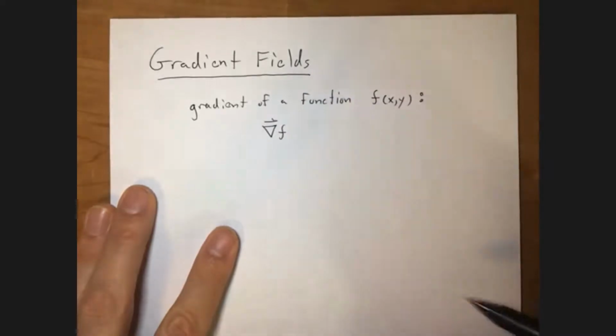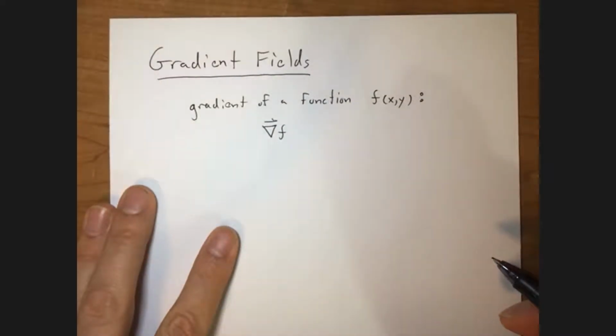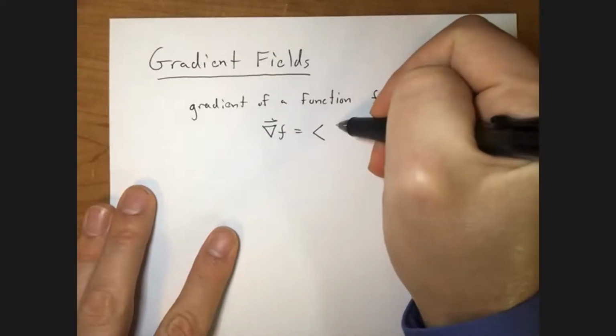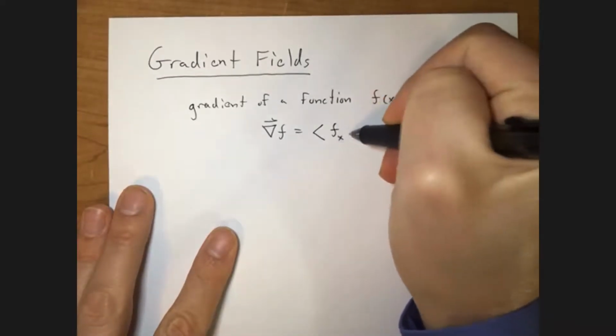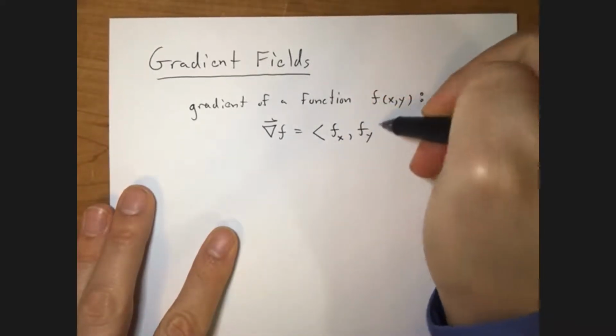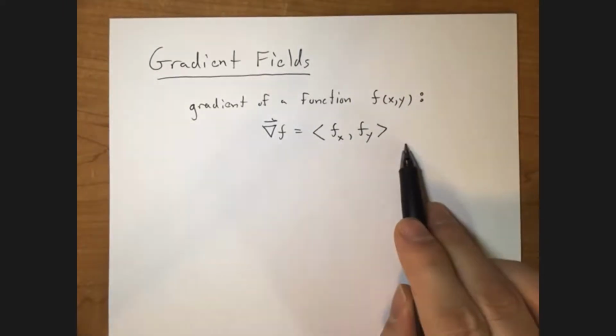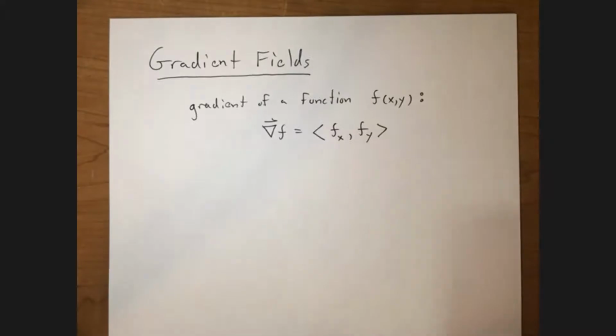And the gradient of a function is a vector that points in the steepest uphill direction. And we compute that by taking the x derivative of the function, comma, the y derivative of the function. If the function had 3 variables, we'd do x, y, and z. And that's how we get the gradient of a function.